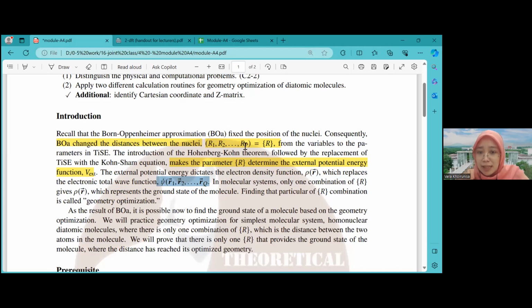So p is the number of nuclei and q is the number of electrons. So the V external is important to dictate the electron density function. Okay, this is the third information.